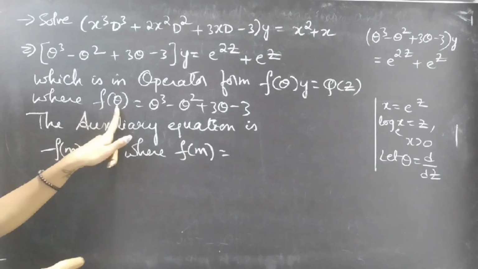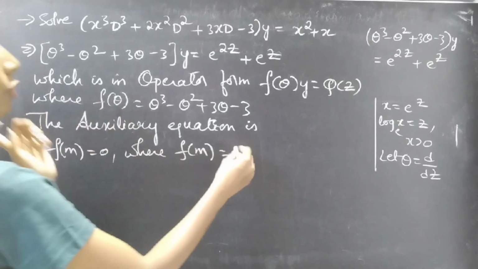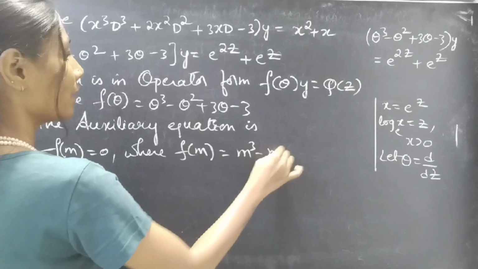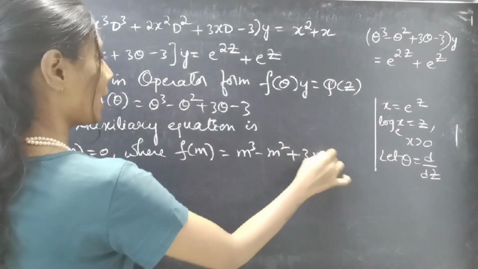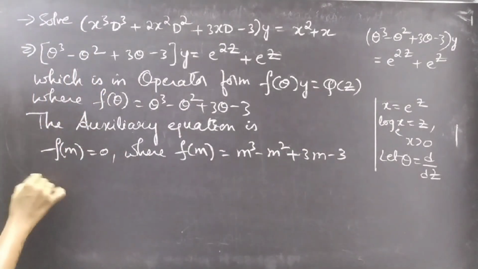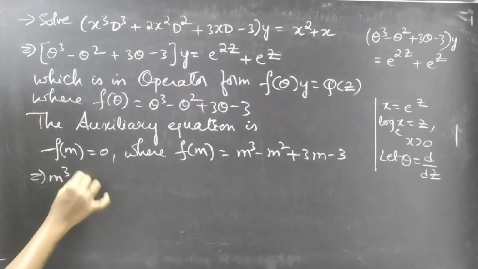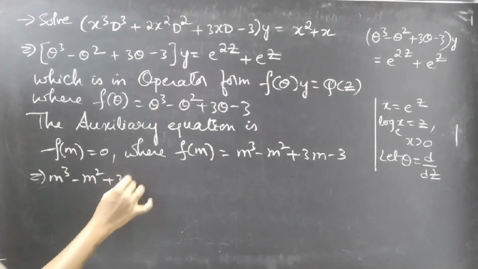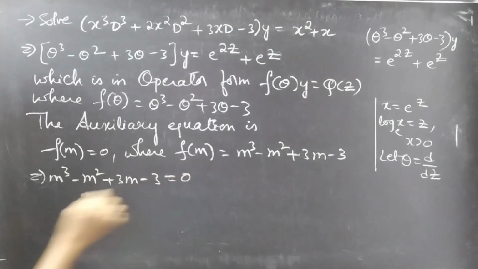Let's replace differential operator theta by m, so that we'll get f of m equals m cube minus m square plus 3m minus 3. Then our auxiliary equation becomes m cube minus m square plus 3m minus 3 equal to 0, right?